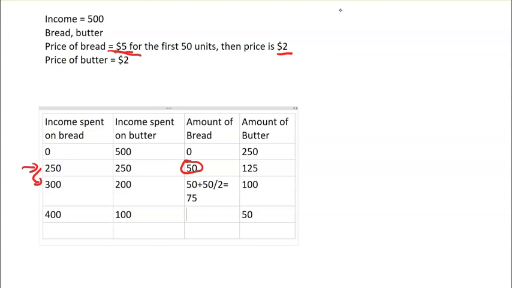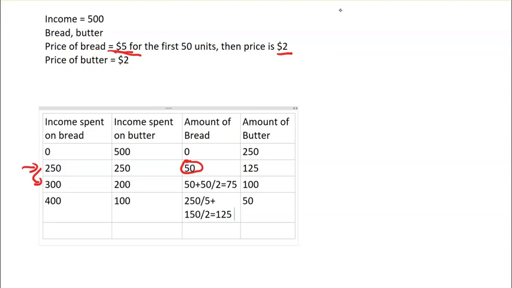The first $250 we were able to buy the bread at $5 per piece, plus the next $150 we are buying the bread at $2 a piece. So for the first $250, we could buy 50 units of bread. For the next $150, we can buy 75 units of bread. So we are able to buy 125 units of bread.